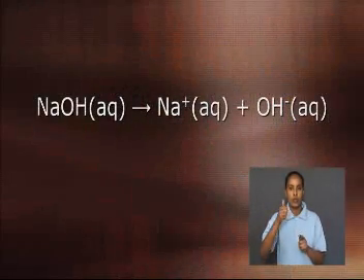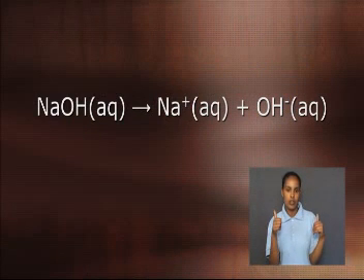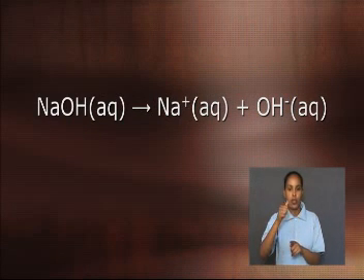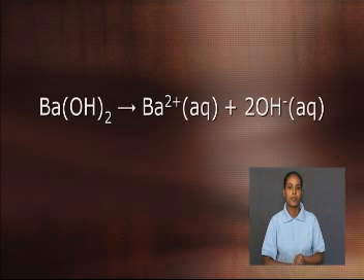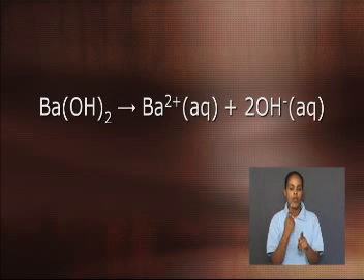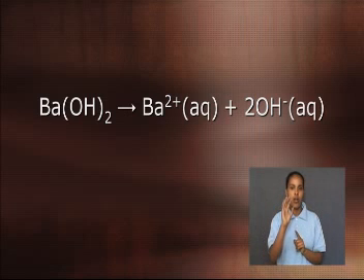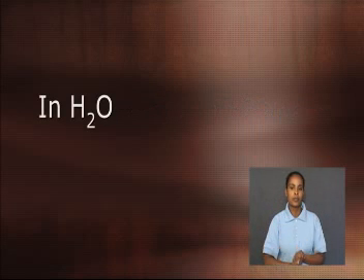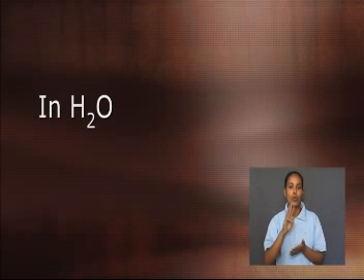Let us look at a couple of examples. When sodium hydroxide dissociates, it forms sodium plus and hydroxide ion. When barium hydroxide dissociates, it forms barium 2 plus and 2 hydroxide ions. In pure water, most molecules exist as H2O.